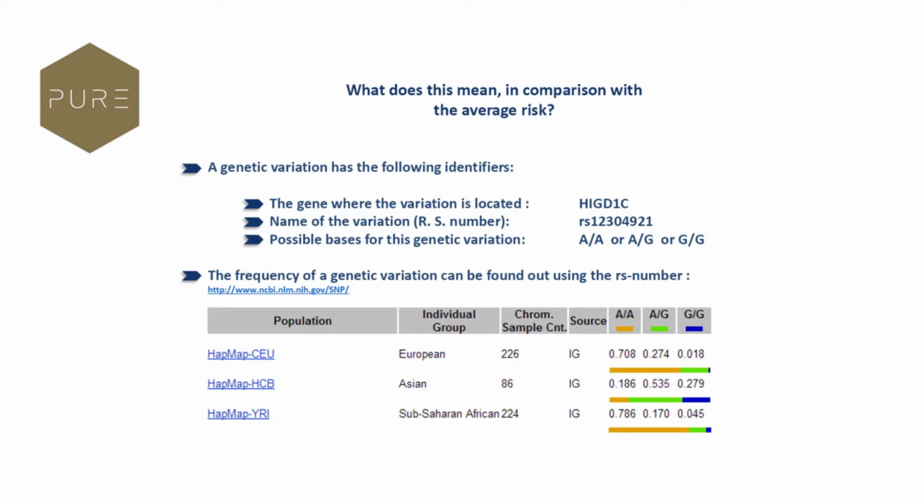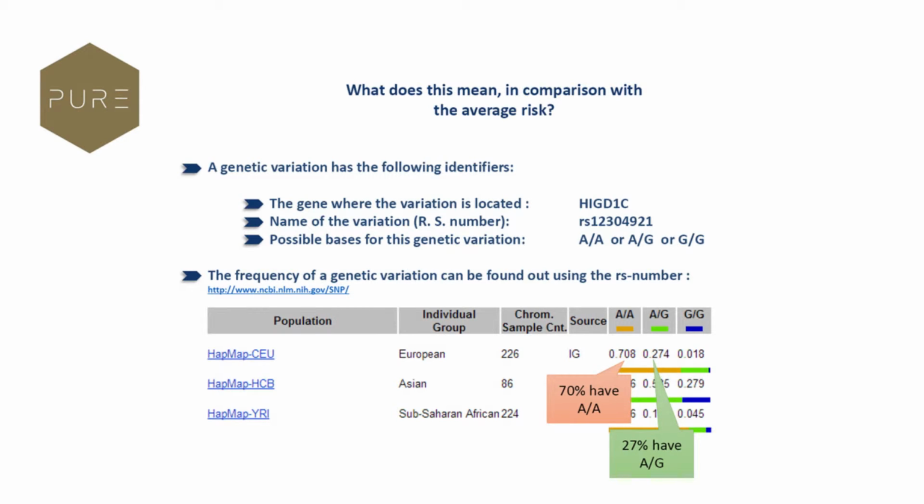And here, for example, in the European population, you get these bars here. And what does this mean? You have AA, AG, and GG. That's the 3 possible results for this genetic variation. And here you can see AA, it's most of the bar. So AA means 70% of the European population have an AA at this position.